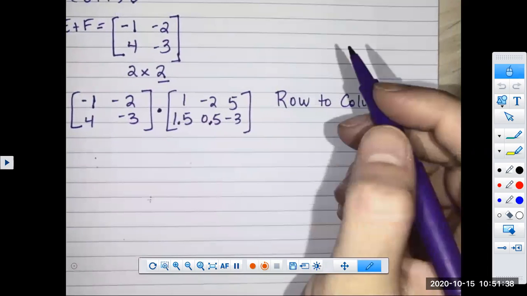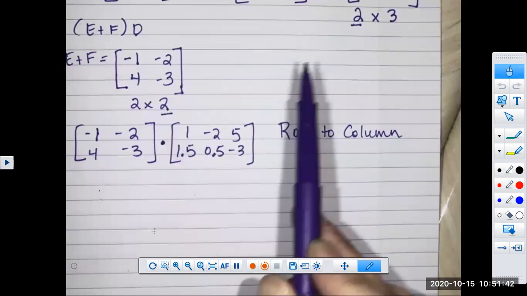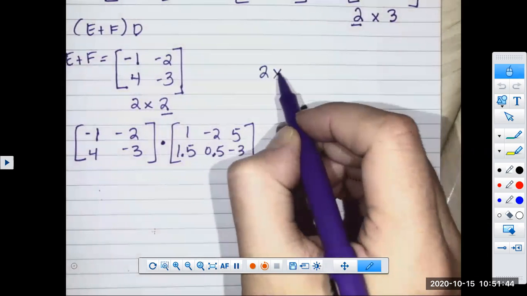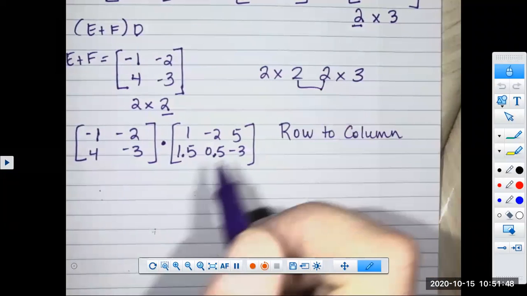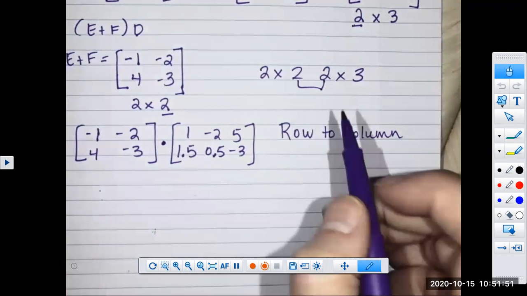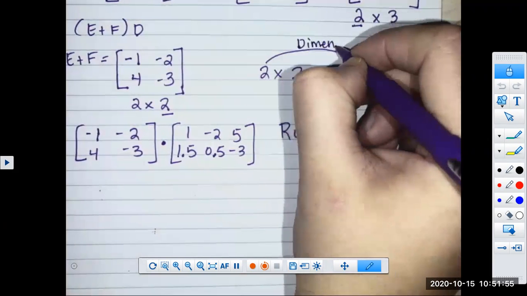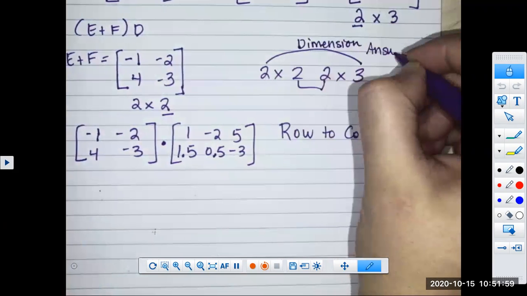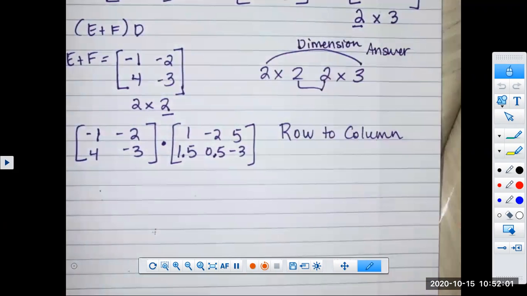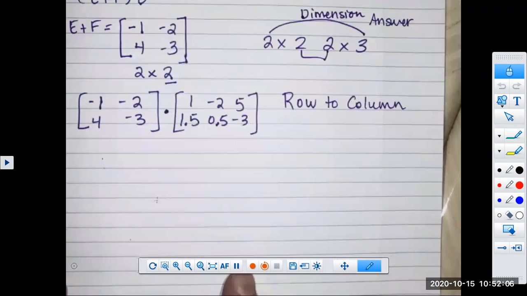Okay, I didn't mention this, but when you're multiplying matrices, 2 by 2, 2 by 3, the inner numbers tell you that they can multiply. The outer numbers give the dimensions of your answer. So when you multiply these, your new matrix should be a 2 by 3. So we'll see if that happens.